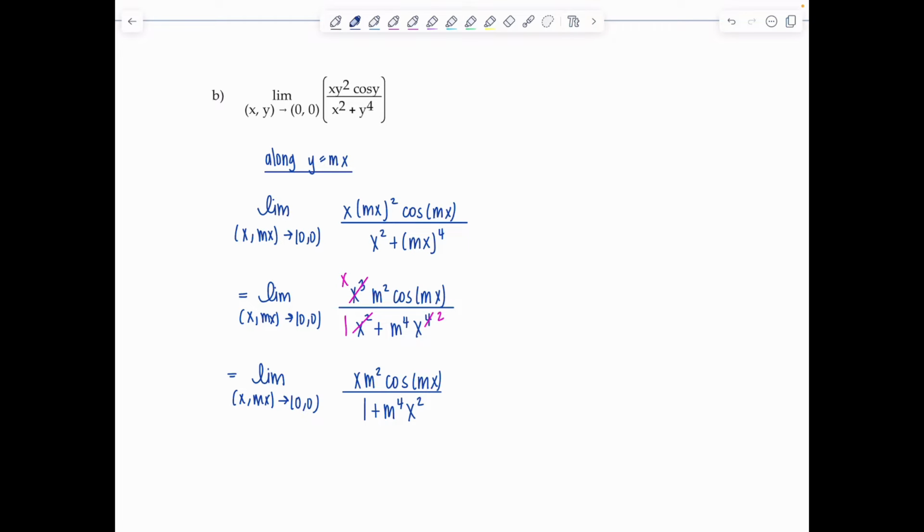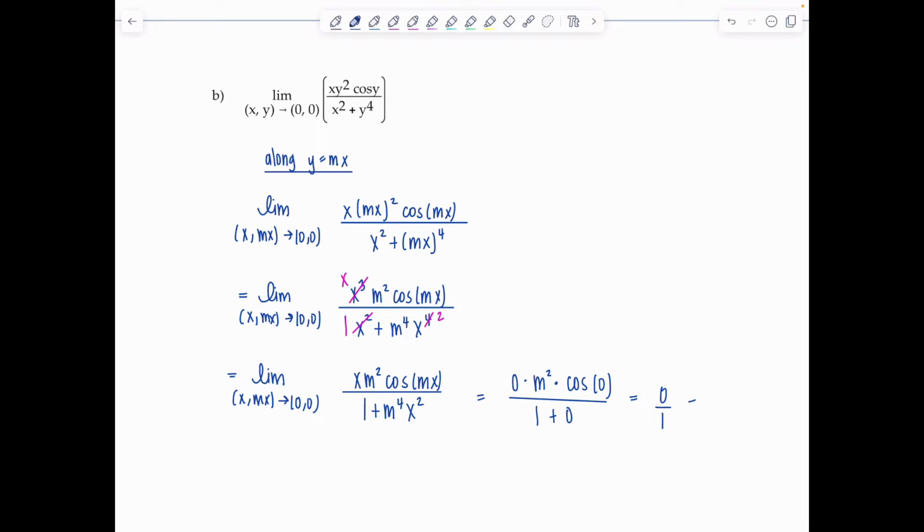So let's try. x is 0 times m squared times cosine of m times 0, so that's just 0, over 1 plus m to the fourth times 0 squared, which is 0. Oh, this is going to be fine, because in the numerator we have 0, but in the denominator, thankfully, we don't.